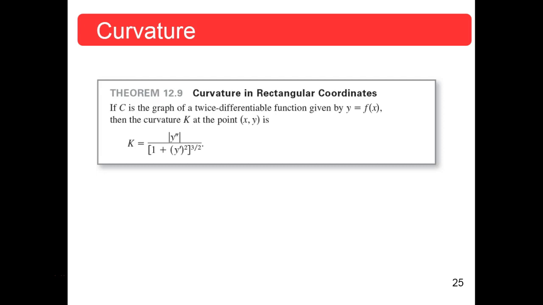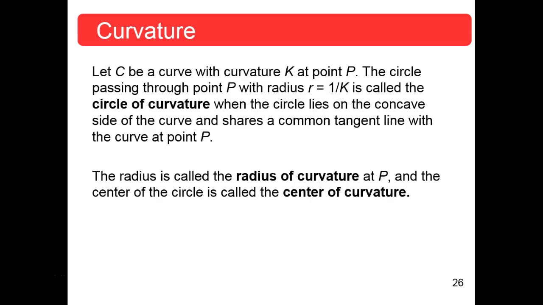Now, that being said, the middle of page 850 is quite a new concept, looking at things slightly differently. Let C be a curve with curvature K, kappa, at some point P. The circle that passes through that same point P with a radius of 1 over K is called the circle of curvature.